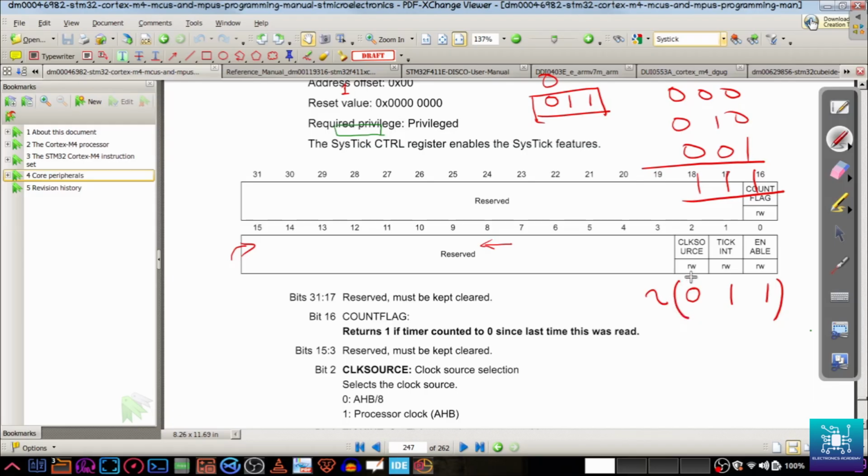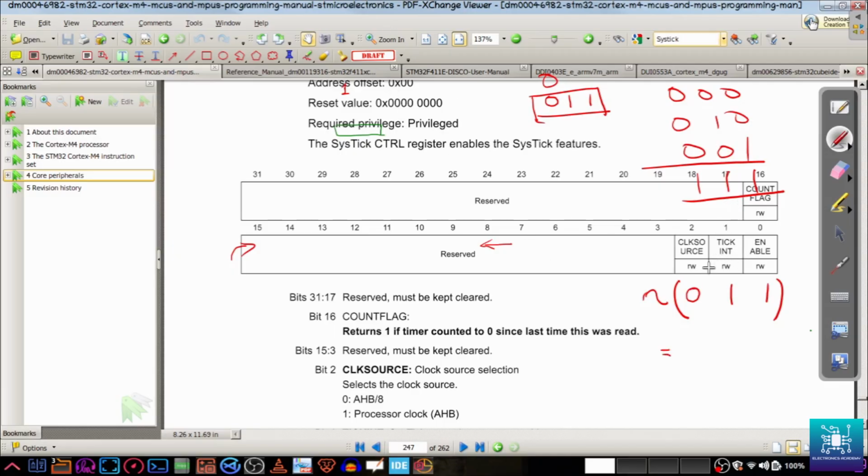Okay, so what was the value that it was actually getting? Ideally I had to AND it with a 1 1 1 to clear these fields, but I was ANDing it with a 0 1 1, but I was still getting the right value. That was because I was lucky that the reset value was 0.